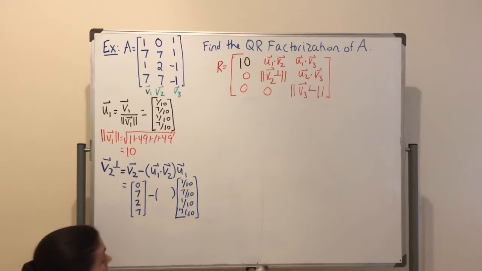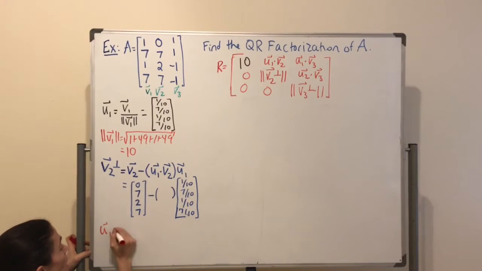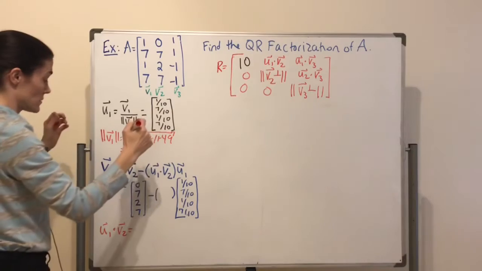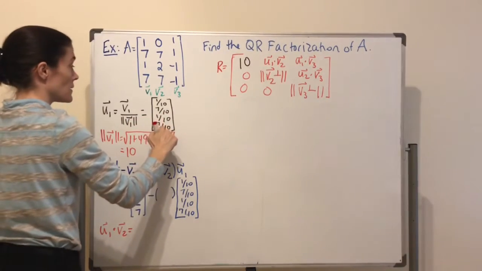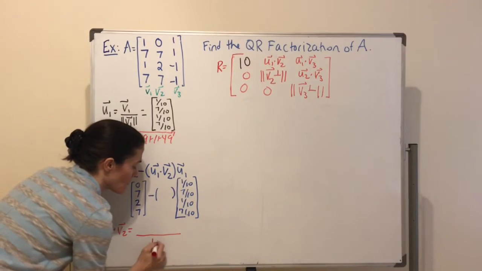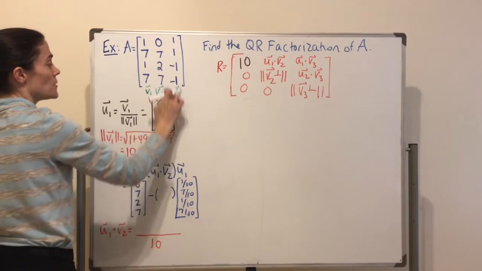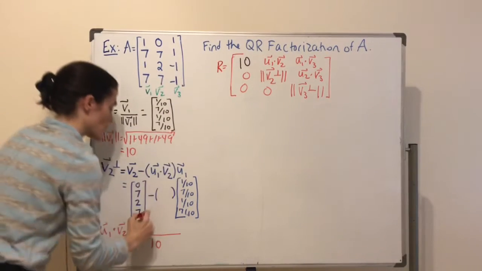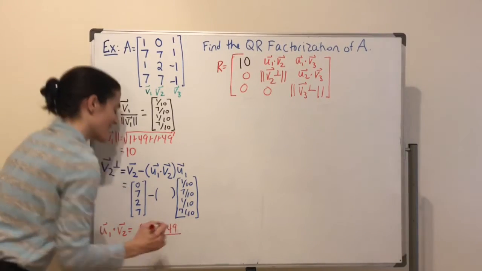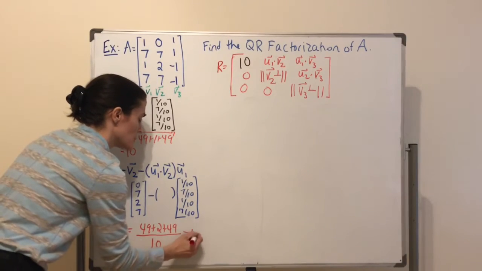Then in red, I will compute this dot product, U1 dot V2. Here is U1. Here is V2. What do we get? Well, it's all over 10, and we have 49 plus 2 plus 49. Well, this is 100 over 10 or just 10.